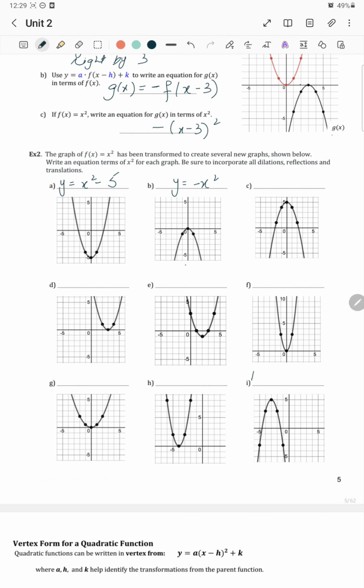Y is equal to, x is expanding here in this function, so it's minus x squared because it's opposite, and going upwards 5, so plus 5.